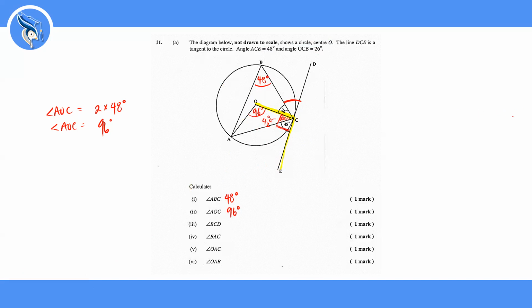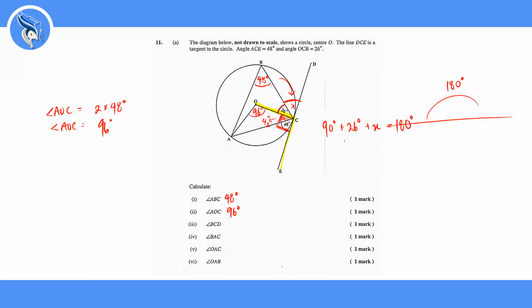New rule that you need to know: angles on a straight line add up to 180 degrees. So if I added 90 and 26, right? 90 for all of here, 26 for right here, and subtract that from 180, I would now know the angle right here. Because let's say 48 plus 42, that's 90 degrees, plus 26 degrees, plus our unknown, which I'll call x, is equal to 180 degrees.